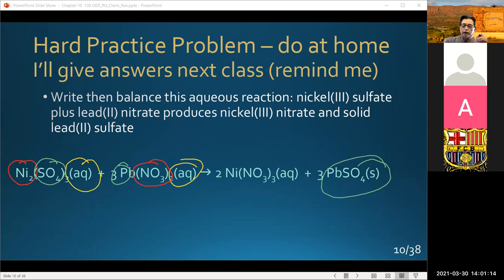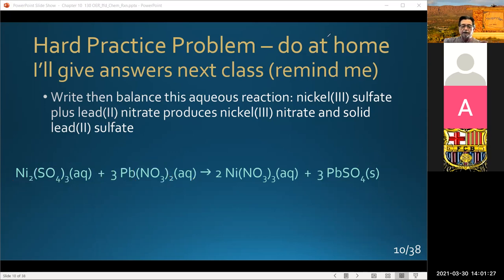Okay. Now, with respect to balancing these reactions, follow the polyatomic ions. Balance them out. Okay. Follow the poly. See here, we got 3 here with the nickel sulfate. Okay. That tells you that I'm going to need 3.